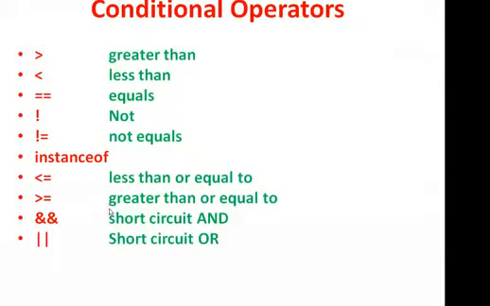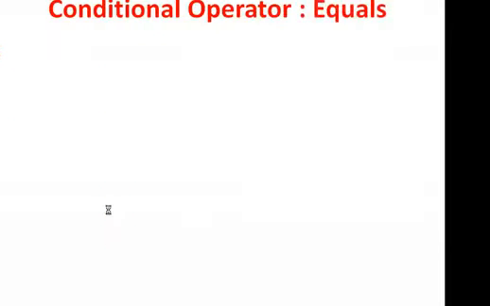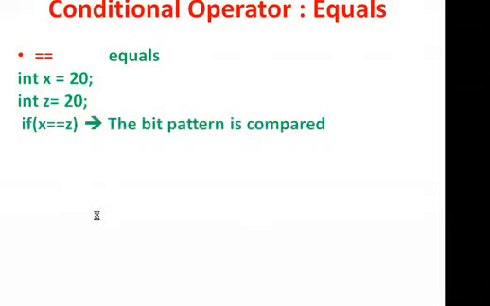So I'm going to only talk about the equals, instance of, and short circuit operators. Rest of all are very basic things. Coming to the equals, when you apply the equals operator to primitive data types, it is going to compare the bit pattern that is there in the variables and give us the result.